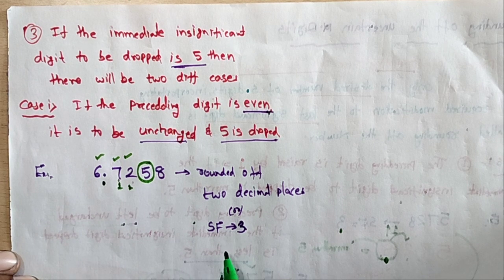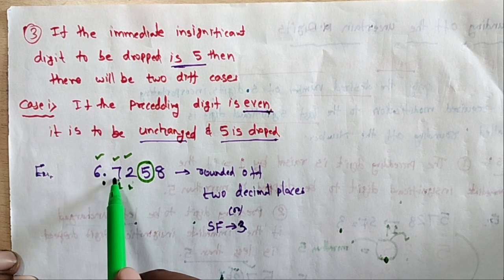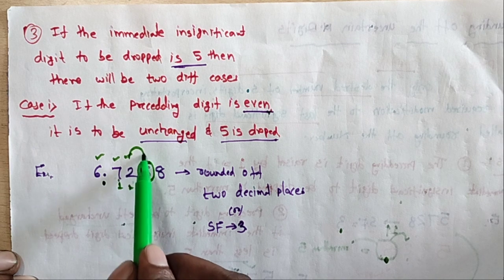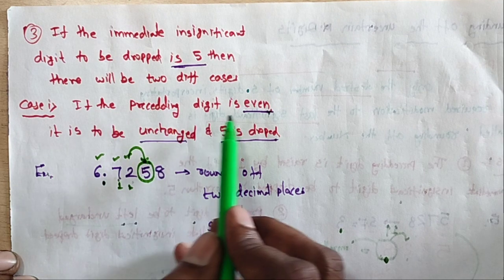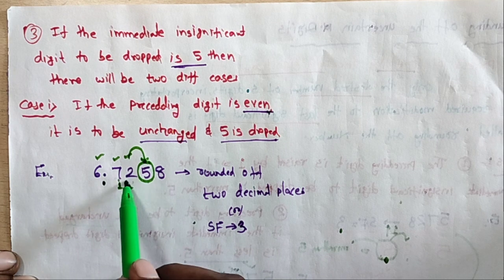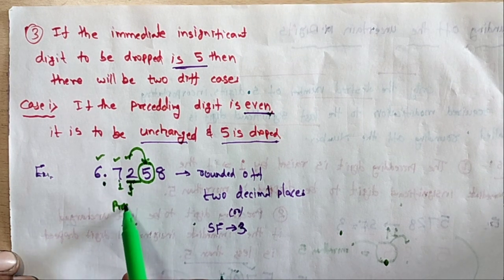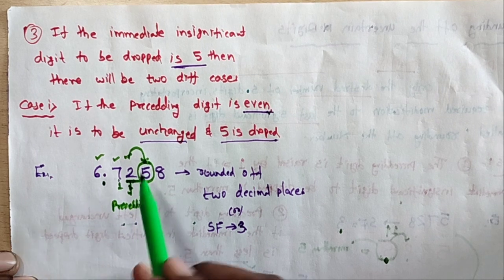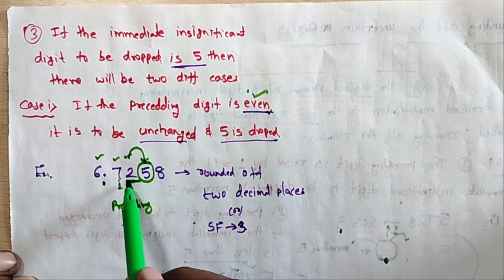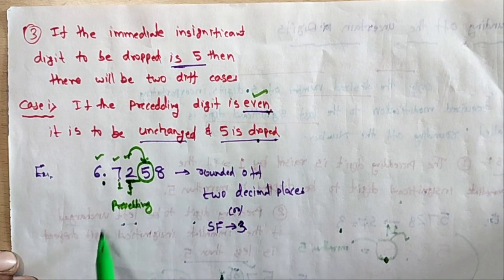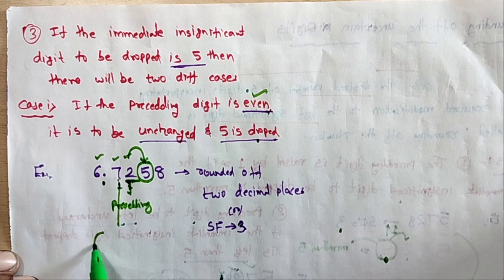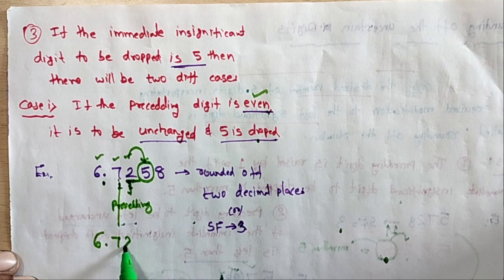The 5 is dropped. So what is the condition? If the preceding digit is even. The preceding digit means the one in front, that is 2. The preceding digit is even, 2 is even, so it is to be unchanged and the 5 is dropped. So the answer here is 6.72.